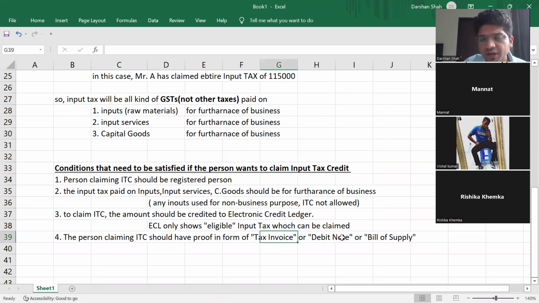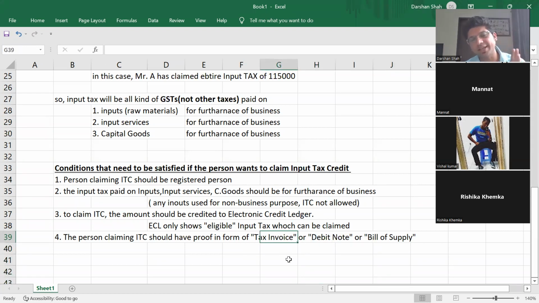If none of these is available, if you only have a kacha bill, a normal bill where tax invoice is not there, then you cannot claim ITC. Yeah? You cannot claim ITC. So when your supplier is sending you a bill, be sure it is a tax invoice.